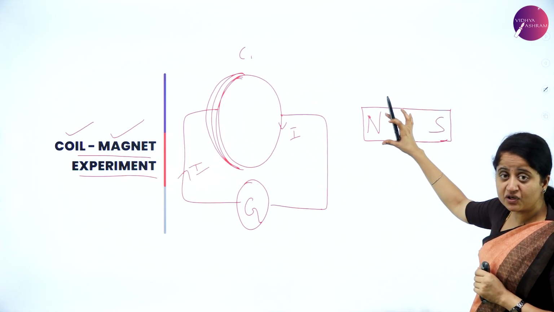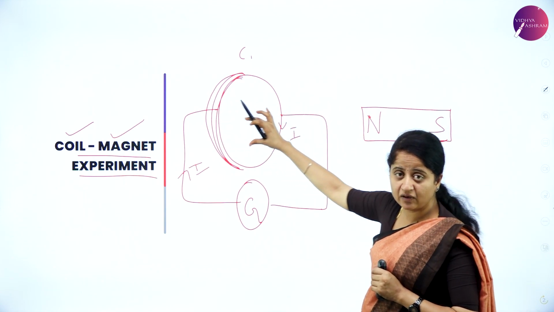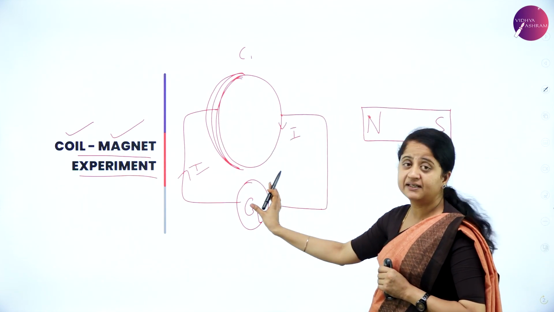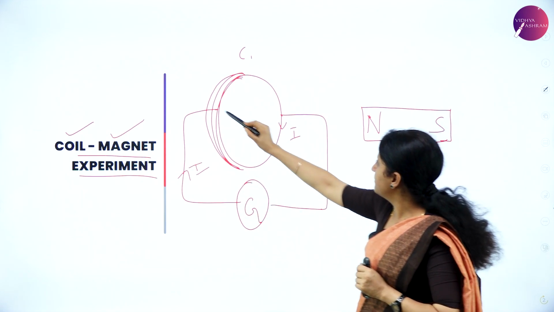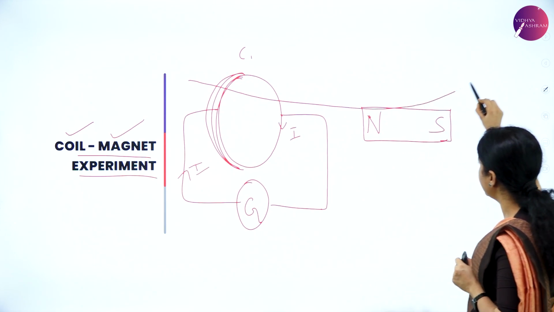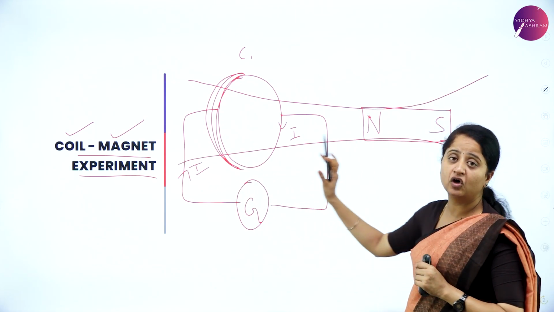So, Faraday observed that when the magnet is inserted inside the coil, there was a deflection in the galvanometer. The first observation is the magnetic field generated with the help of a magnet and a coil.